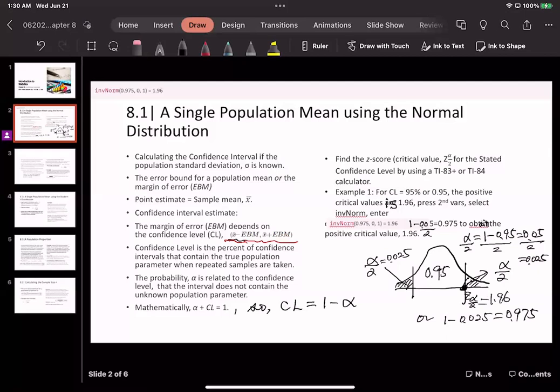The left-hand side will be negative 1.96. The positive and negative Z-scores are symmetric.